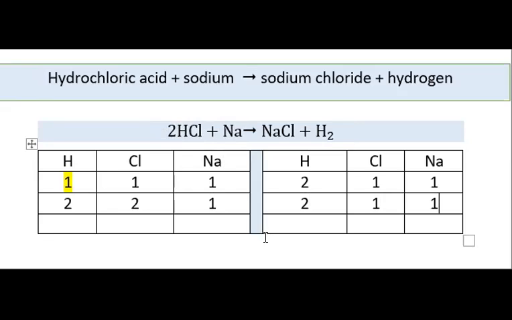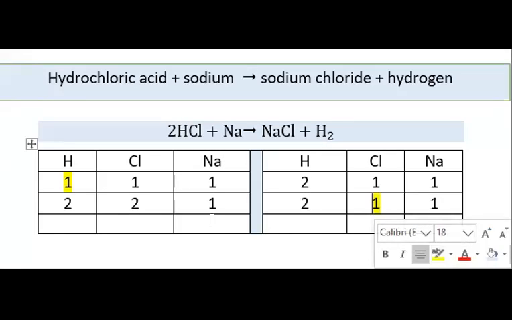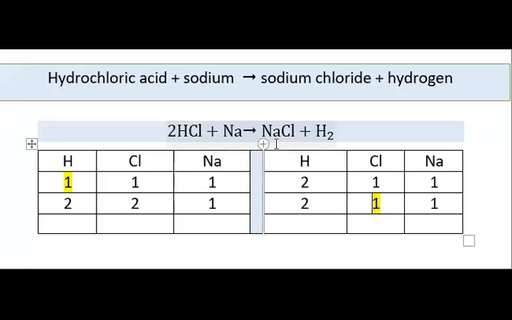Not yet. I need to balance chlorine first of all. I need to bring chlorine to a 2, right? So how do I bring chlorine to a 2? What do I need to put in front of that compound? Good, Gabby.